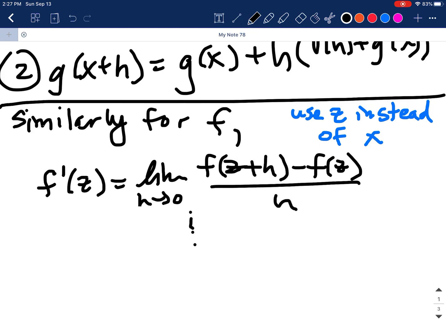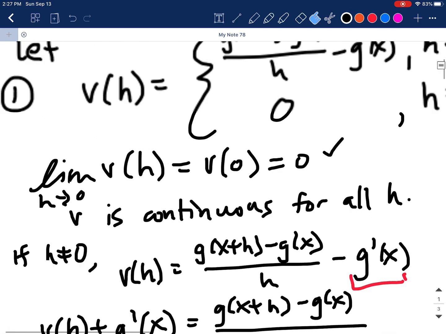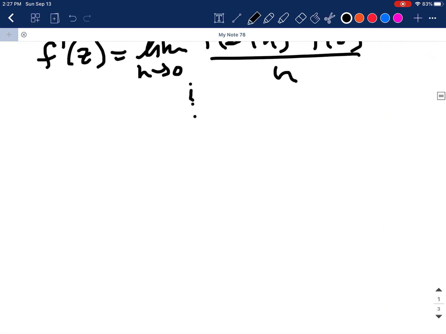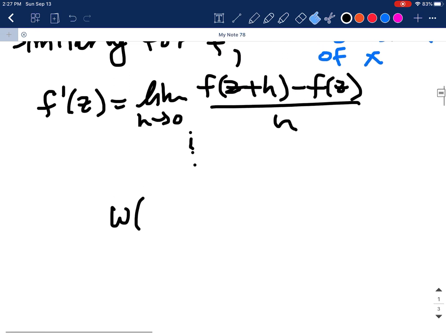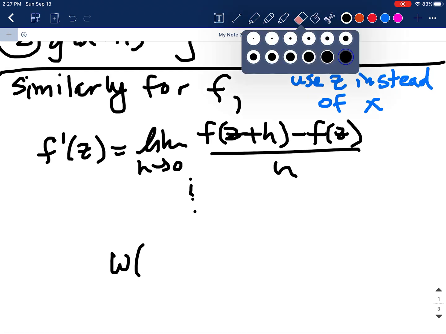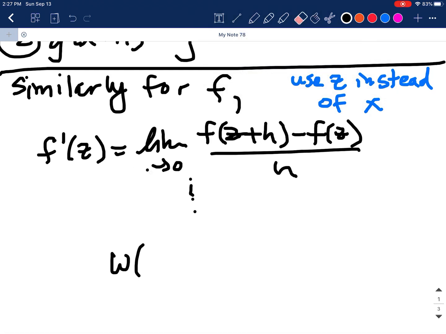And then I could run through the exact same argument that I did for g prime. So instead of a function v, we're going to name a new function w. Let me be slightly more careful. We're going to drop h, because we actually don't know that the value we're approaching is going to be similar. So I'm actually going to use a different value than h as well.